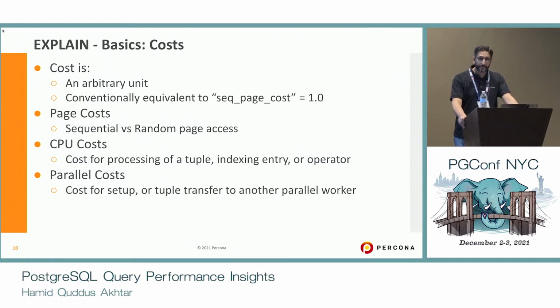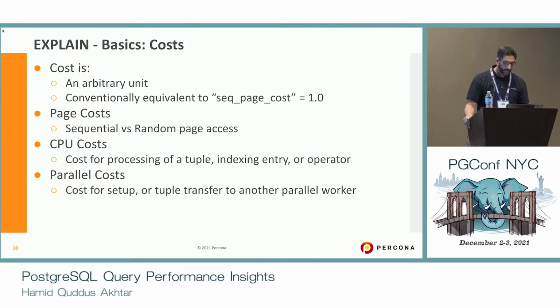Finally, there are parallel costs with parallel workers. If you want to have a job that utilizes more than one worker thread, then there are setup costs for parallel workers, because there will be an overhead for setting them up. And then there is a cost when you have to share a tuple across parallel processes.